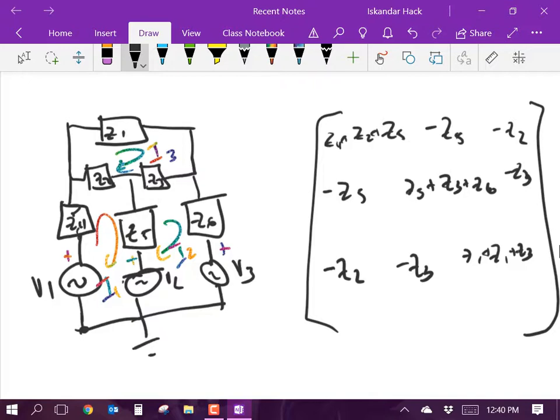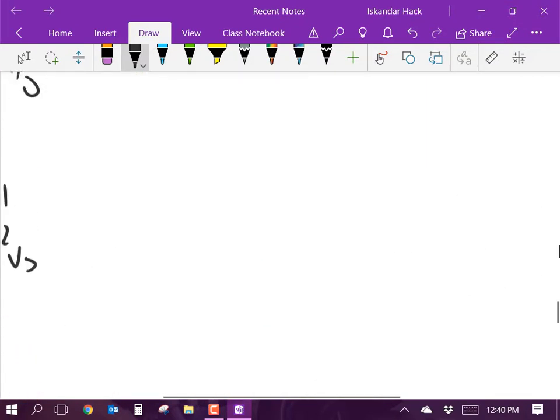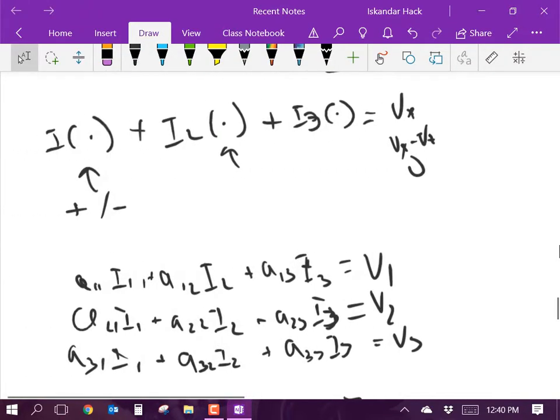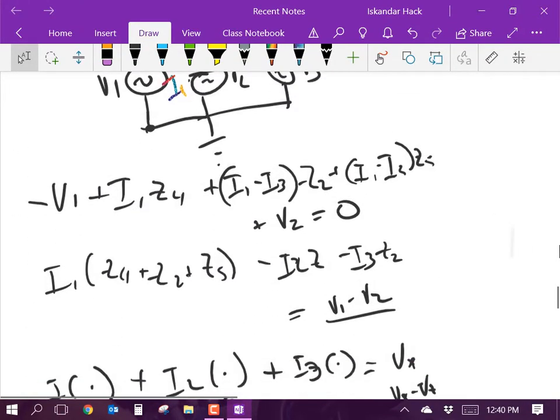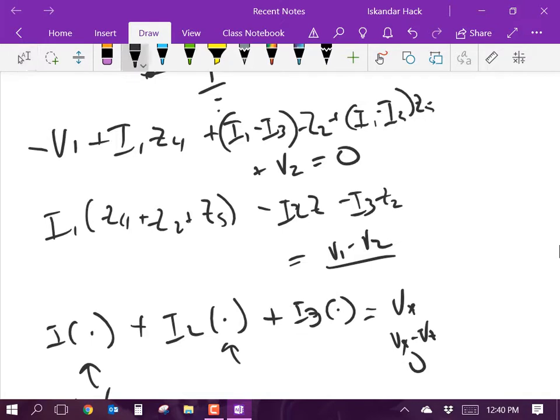That goes back to when I wrote this equation and brought V1 and V2 to the other side. This is minus V1, so it became plus V1 when I brought it over, and this is plus V2, and it became minus V2. I know I'm talking a little quick, but I want to get through this theory.